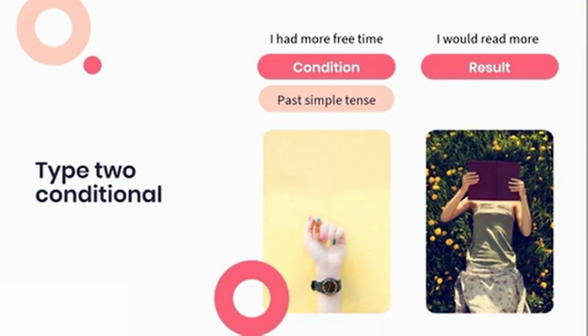In this case, it's past simple. Now, what about the result? What's going on there? Well, the result form is would plus the base form of the verb. As you know, the base form of the verb is the simplest form, without any suffixes or tenses added to it.